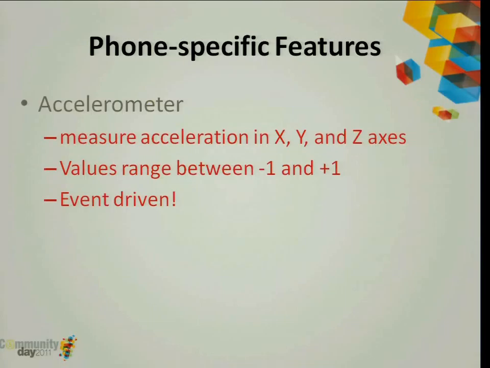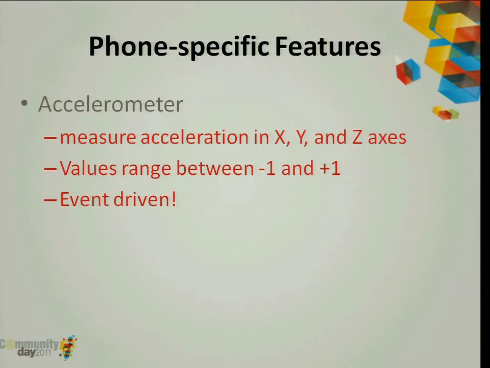Another phone-specific feature is the accelerometer. All Windows Phone devices have an accelerometer. They don't have a gyroscope. But you can measure acceleration in 3D. So you have 3 axes, X, Y, and Z. You can measure the acceleration, and you get values between -1 and +1.